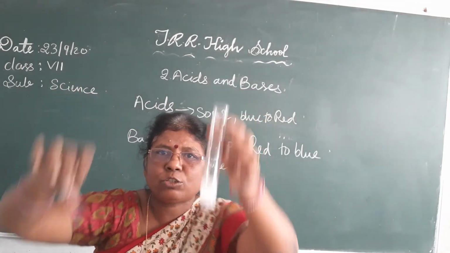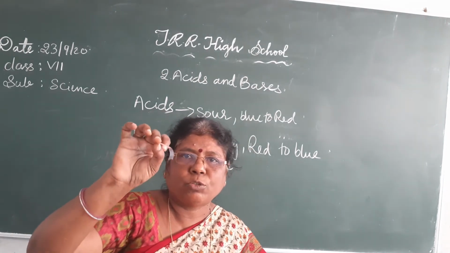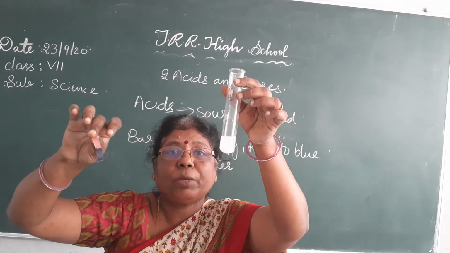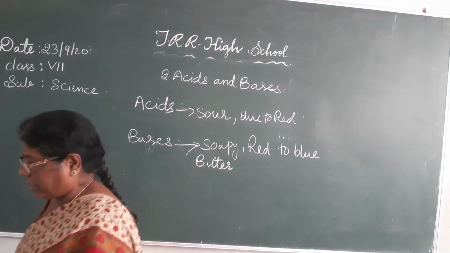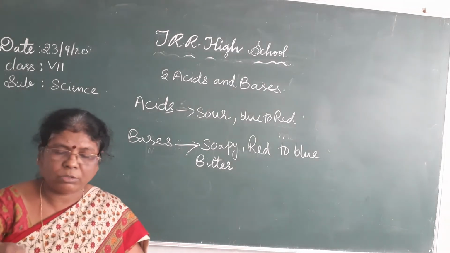Caustic soda and washing soda, which we use for washing clothes, are basic in nature. They change red litmus to blue color.